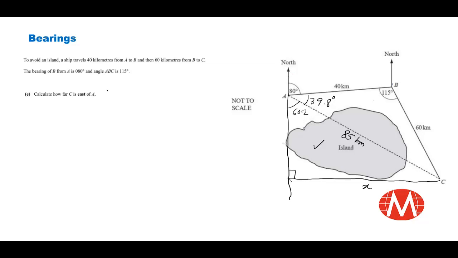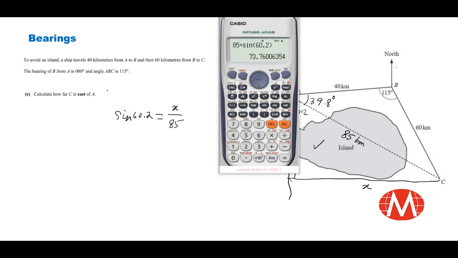So now, using SOHCAHTOA on the right angle triangle, we can apply sine: sine 60.2 is equal to x over 85, and then by cross multiplying, x is 73.76.